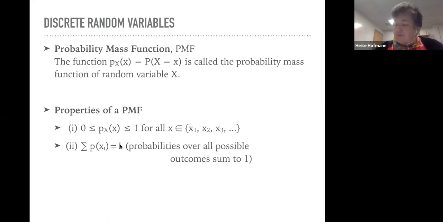If we take all possible outcomes, we're back to the full sample space. So the sum of the probability for the sample space is equal to 1. And that's the same for this probability mass function. The sum of all the probabilities in this probability mass function has to be 1.